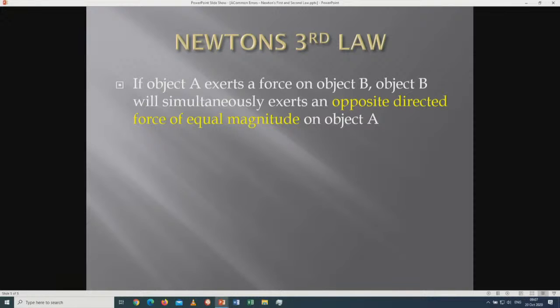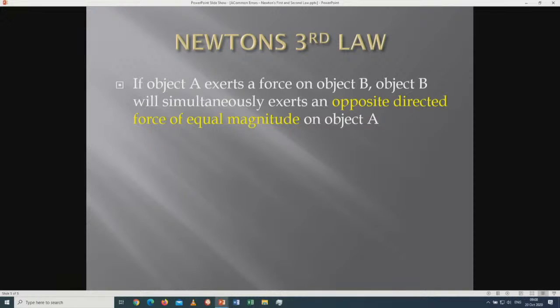A very simple example of where Newton's third law comes into play is if you place a certain object on the surface of a table, then there's immediately an action-reaction force.